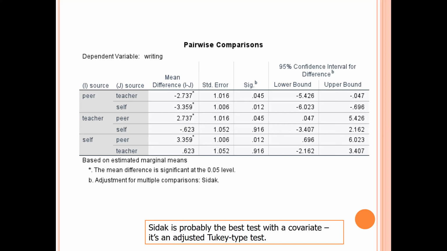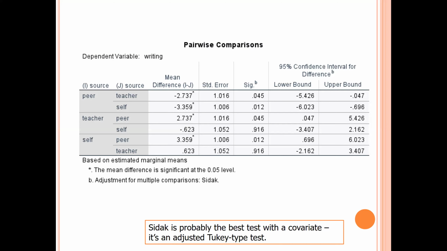The pairwise contrast for teacher to peer feedback across timing conditions adjusted for pre-writing is 2.74. Both of those are statistically significant.